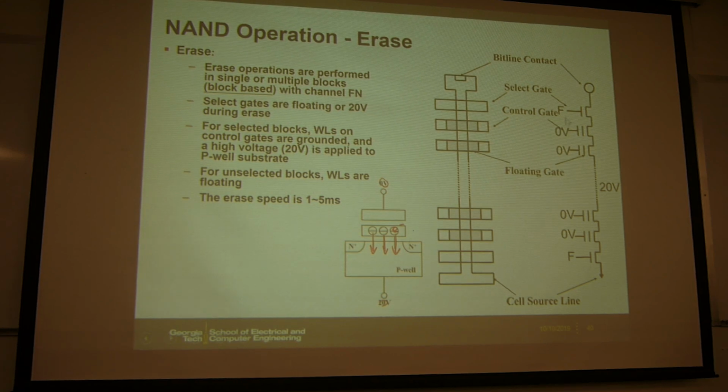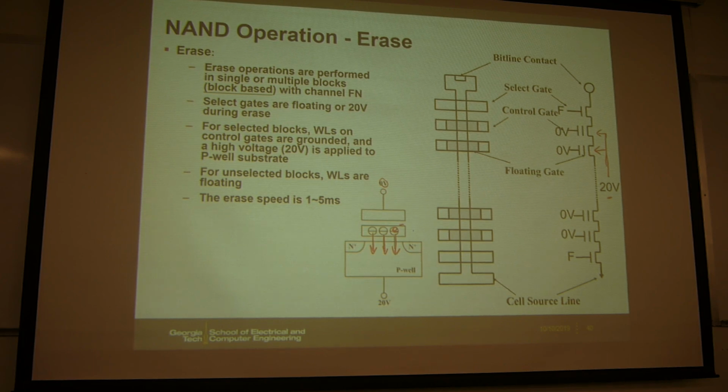That means here, for this string, what you want to do is for all the word lines, you apply 0 volts. And then the substrate, 20 volts. This is block erase because the substrate is shared across one block.